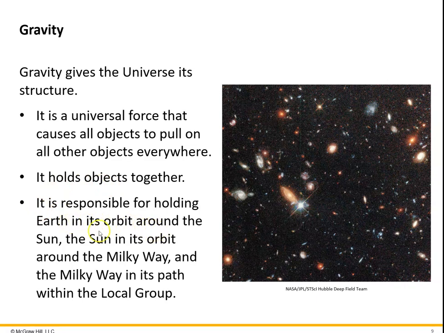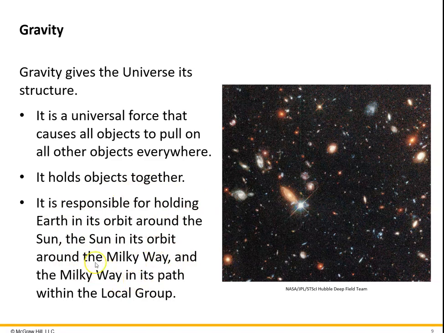It's responsible, as I already mentioned, for holding the Earth in its orbit around the sun, and our sun goes all the way around the Milky Way. It takes about 25 million years. I'm sorry, 250 million years.